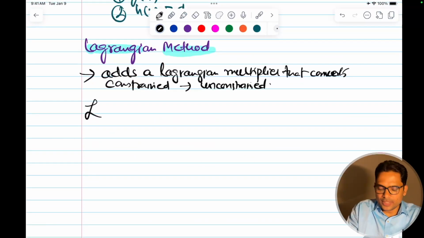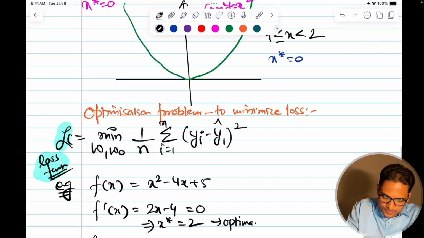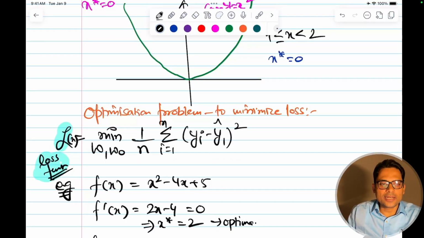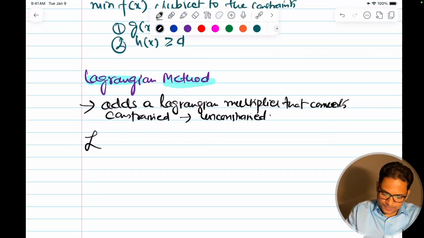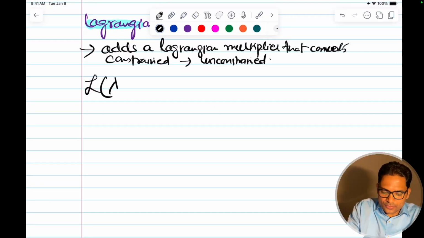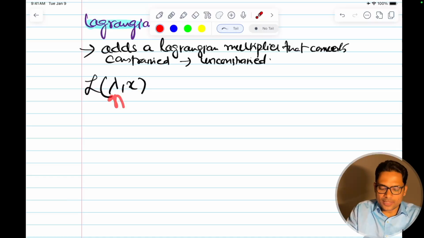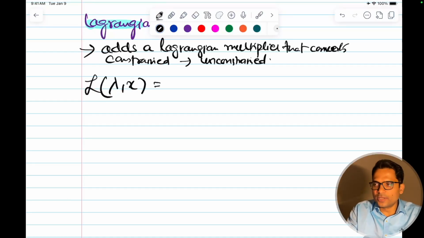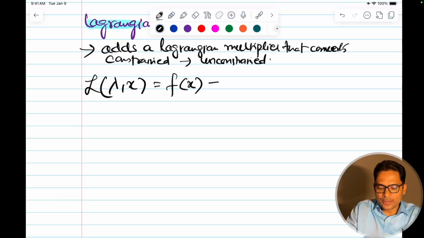Earlier, L was a function of x only, and now my L will be a function of a Lagrangian multiplier as well. This lambda is your Lagrangian multiplier, and now, if I have an equality constraint, L will be equal to f of x minus lambda times g of x minus c.